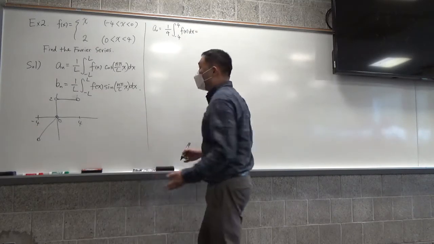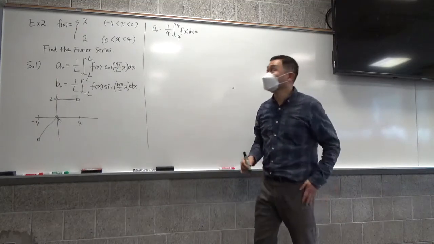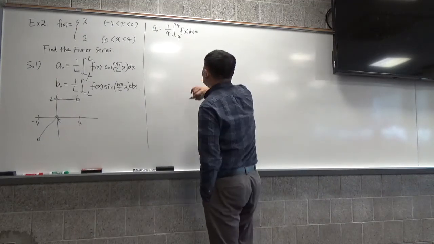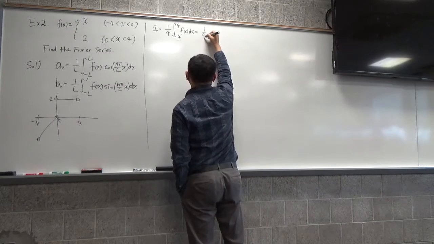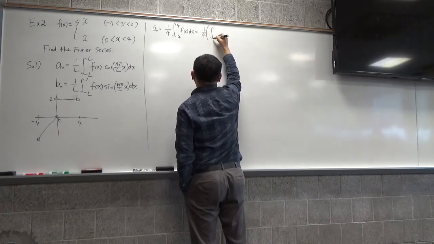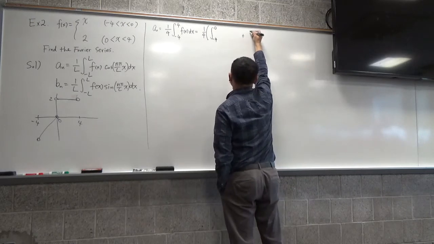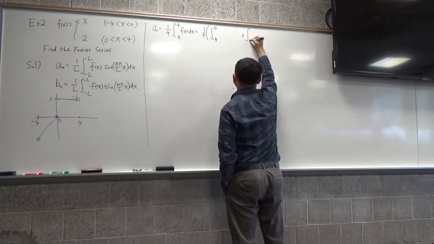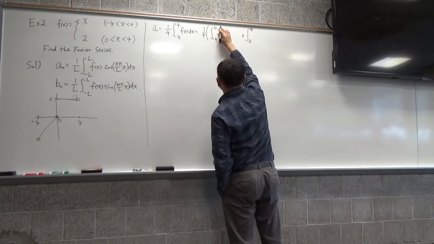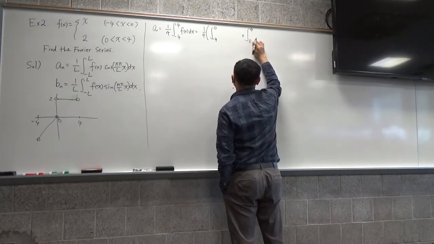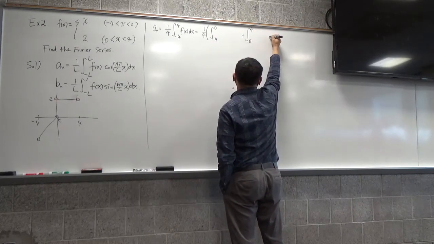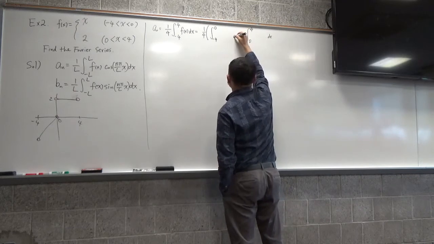But because f of x is defined piecewise, you can't write the formula unless you split the integral into an integral from negative 4 to 0, and then plus an integral from 0 to 4. Then you know what to integrate.